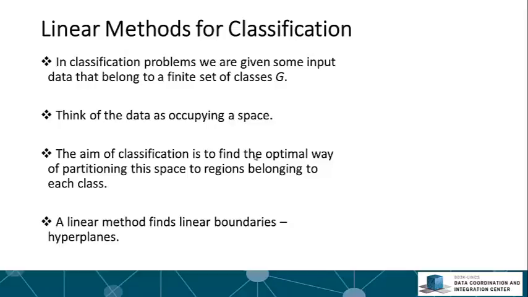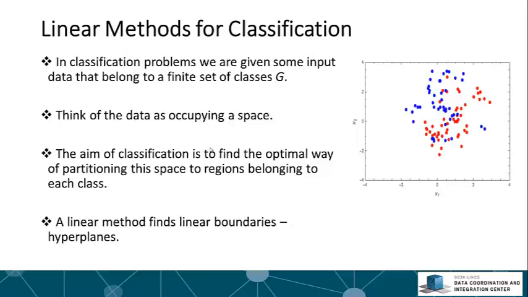Now I'm going to describe linear methods for classification. The classification problem is the one in which we are given some input data, and each of the input data is associated with one of a finite set of classes, which we'll call G. We can think of our input data as occupying some kind of space.